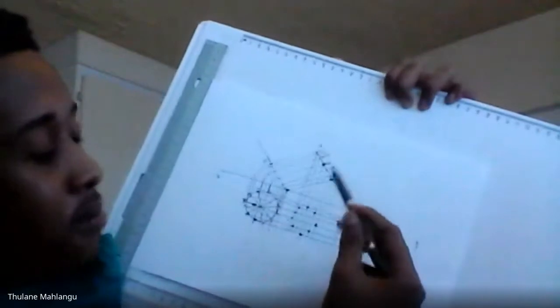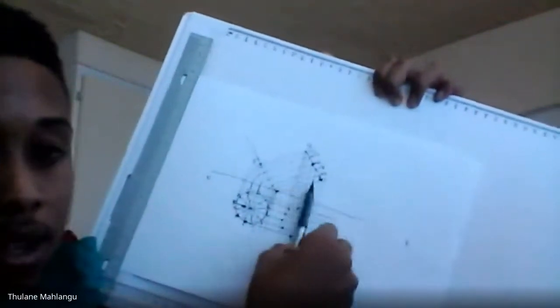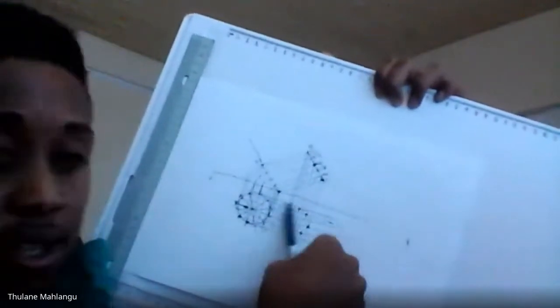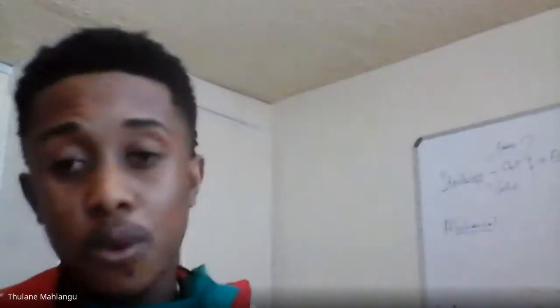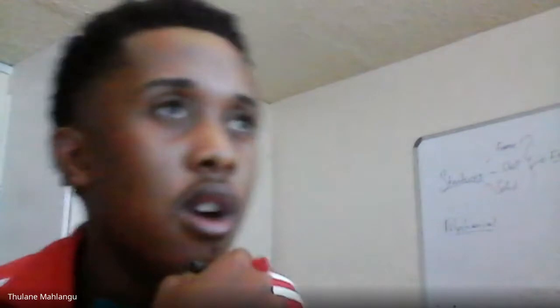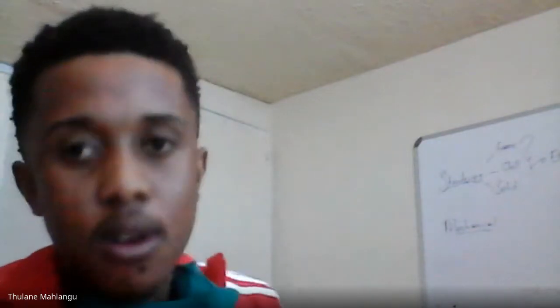The top part of the cylinder in the top view is represented by those dots. And then from here you'll have to go back and refer to which lines will be visible from the top view. So looking at the drawing from the top, you'll have to know which lines are visible.